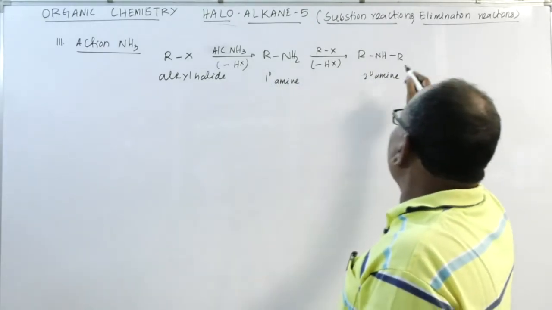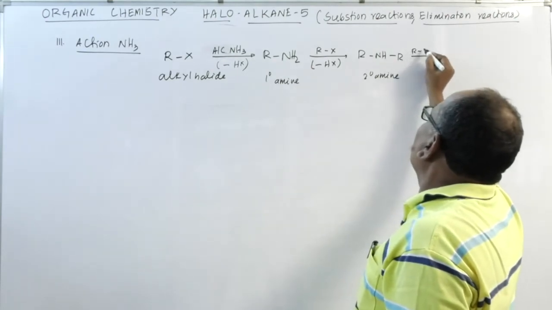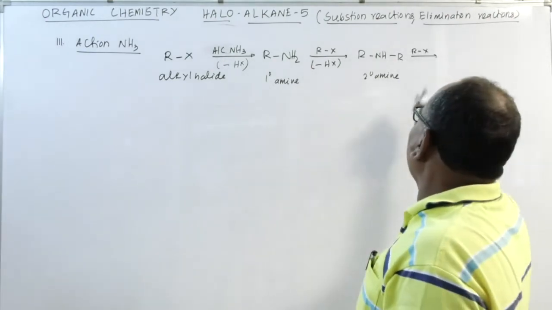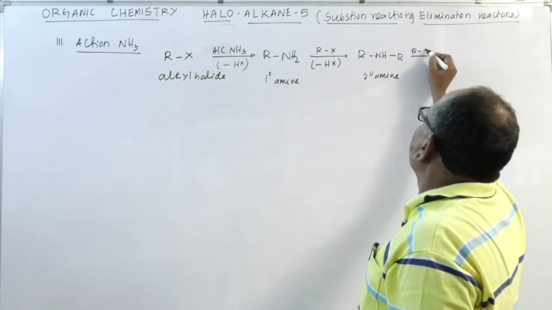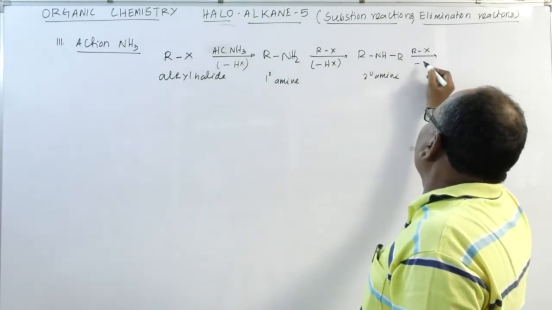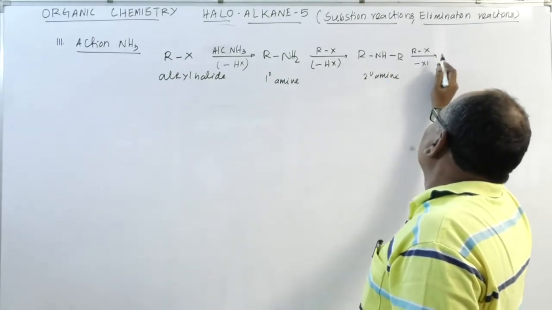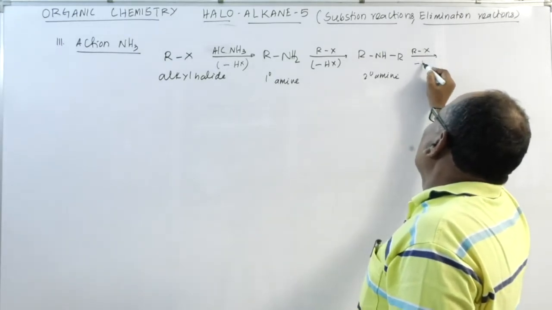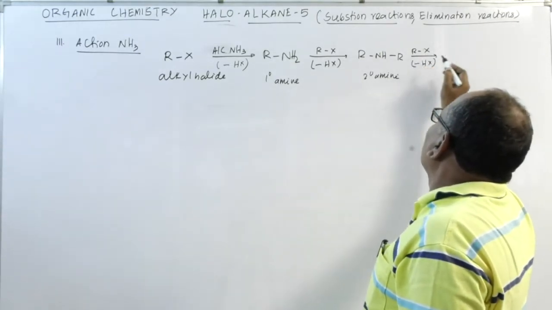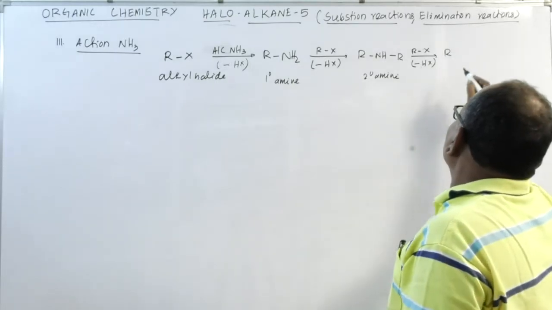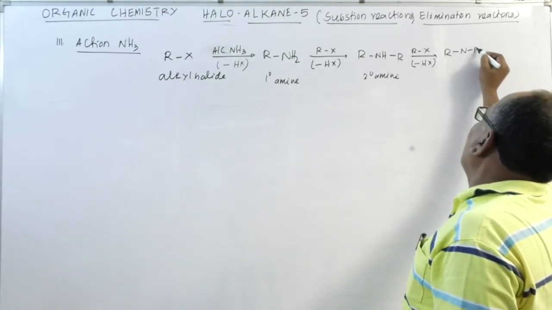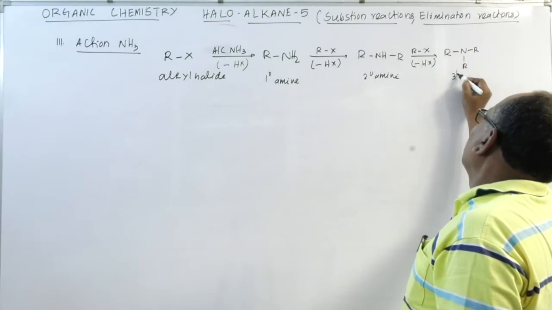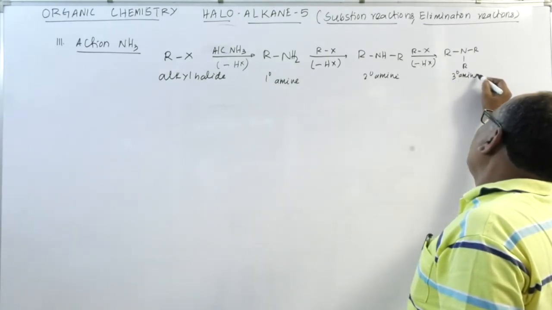This secondary amine further reacts with another molecule of alkyl halide. This hydrogen can be replaced by an alkyl group to form R3N. This is called tertiary amine.